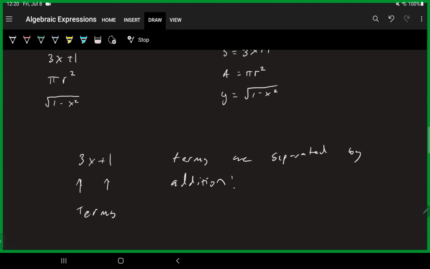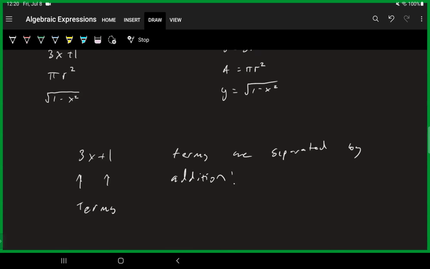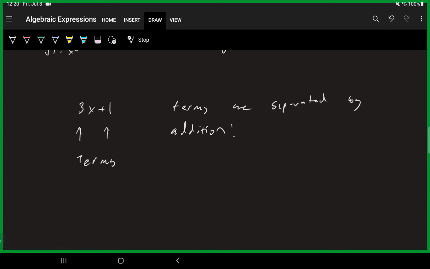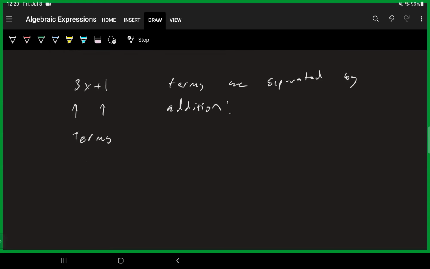And remember, we learned that subtraction is the addition of a negative. So when we're talking about expressions with subtraction in them, we have to be a little bit more careful. So terms would be 3x and 1.